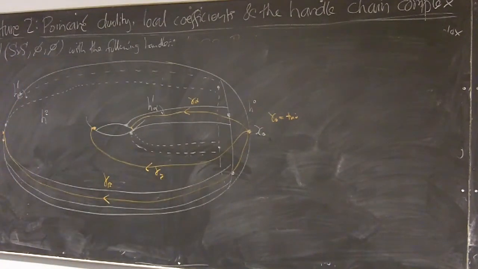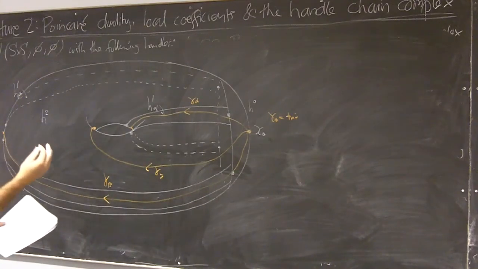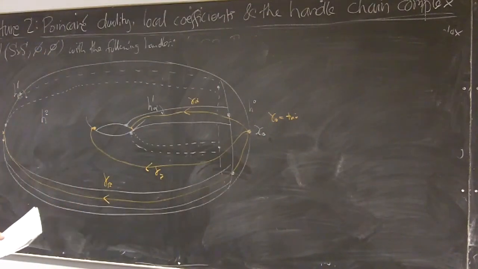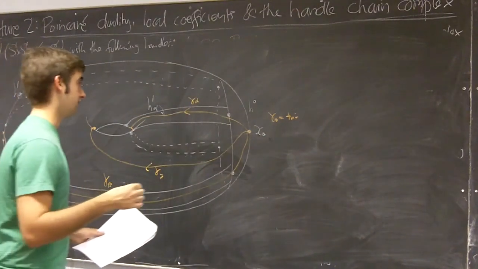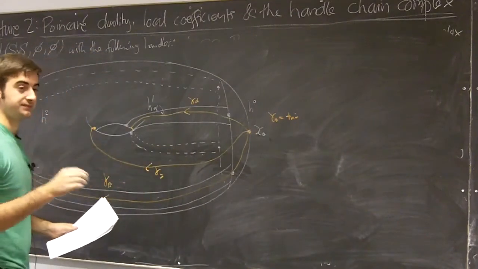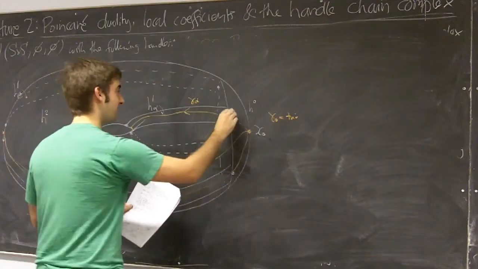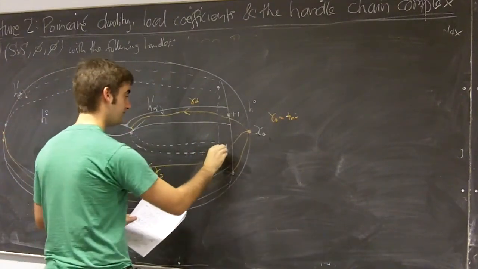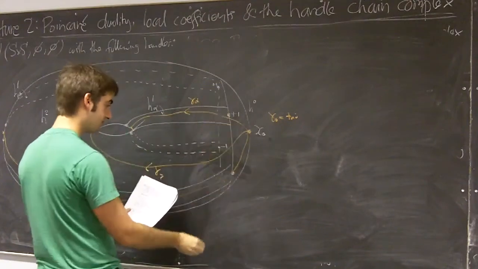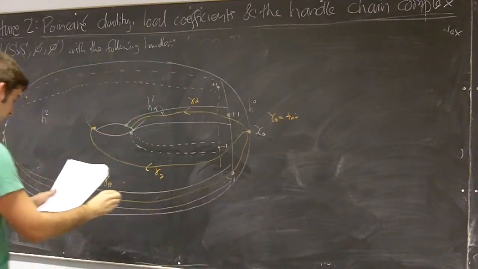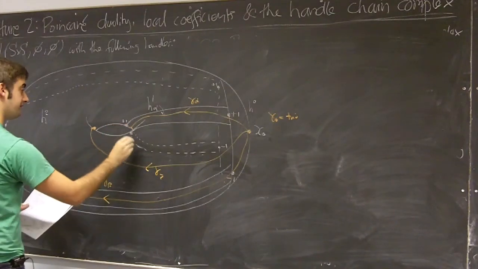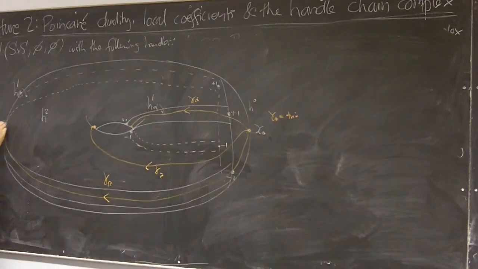So we've now threaded all our handles. Then we need to orient everything and calculate signs for the intersections of attaching spheres with belt spheres. Now, I'm just going to write down the correct signs. You should take my word for it, but it's correct because it works. So I got a +1 here, -1 here, +1 here, -1 here, +1 here, and -1 there, and then -1 and +1.